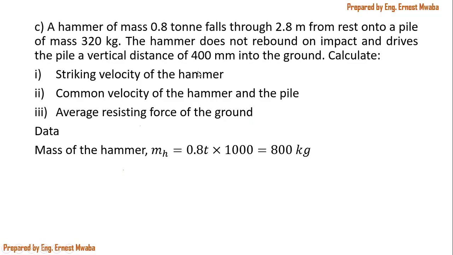So let's get started. First, what is the mass of the hammer? It's 0.8 tons. And one thing we said about tonnage is that 1 ton represents 1,000 kg. So 0.8 ton multiplied by 1,000 gives 800 kg. Then we also have the height through which it is going to fall, which is 2.8 meters.